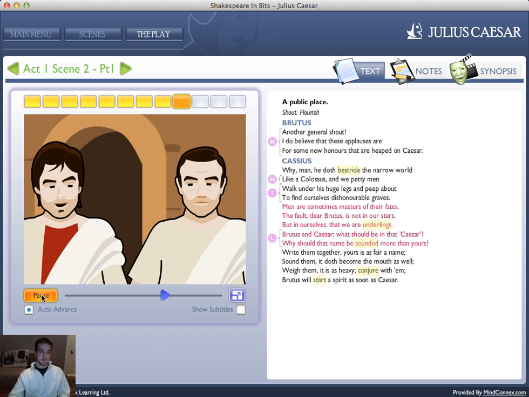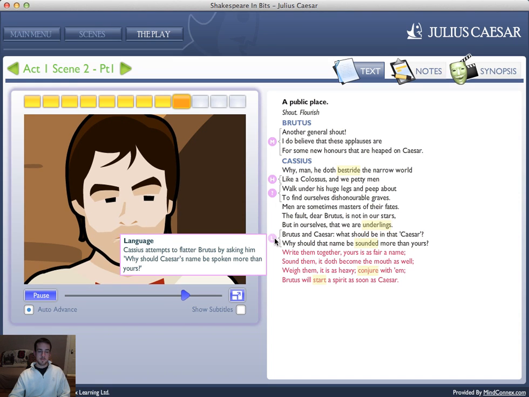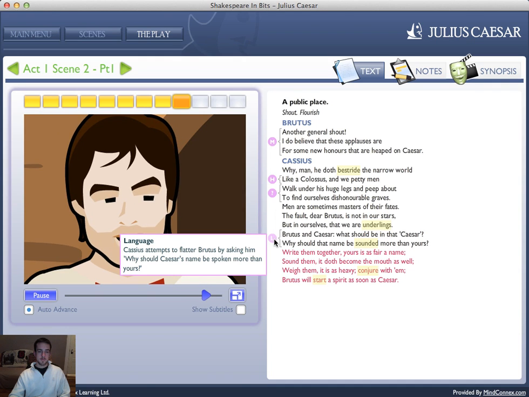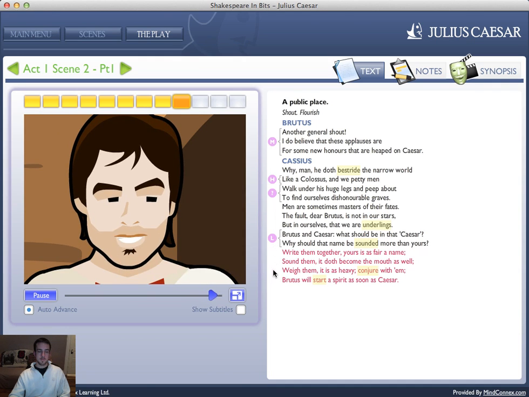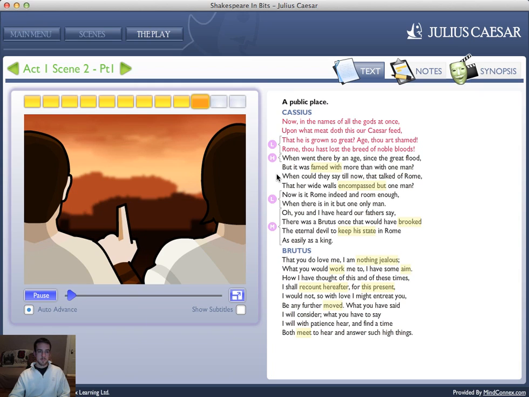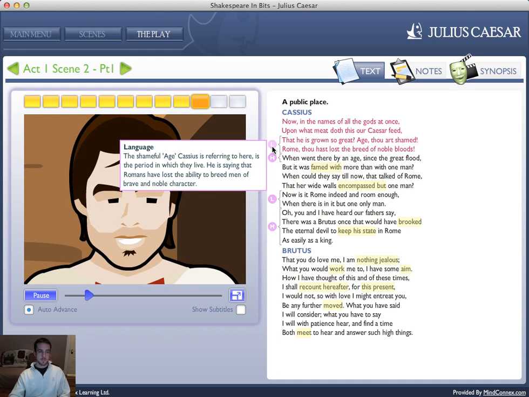Brutus and Caesar. What should be in that Caesar? Why should that name be sounded more than yours? Write them together. Yours is as fair a name. Sound them. It doth become the mouth as well. Weigh them. It is as heavy. Conjure with them. Brutus will start a spirit as soon as Caesar. Now in the names of all the gods at once, upon what meat doth this our Caesar feed that he is grown so great? Age, thou art shamed.